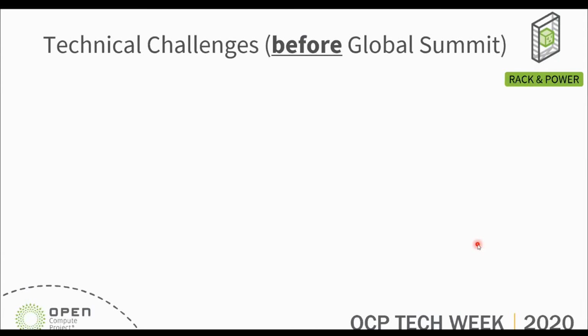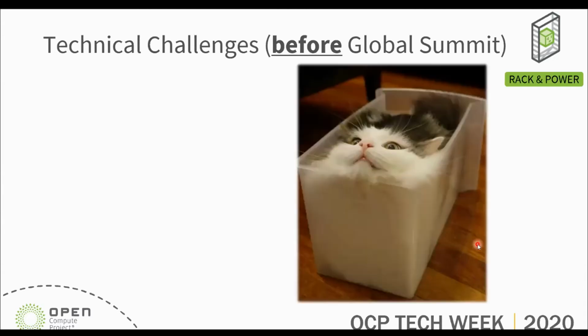Here are the technical challenges before the Global Summit. I think maybe a year ago we had an engineering workshop and met at the Facebook office, the whole joint committee, the group. We came up with the scope and finalized it.